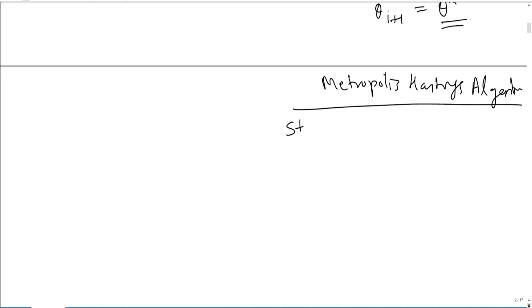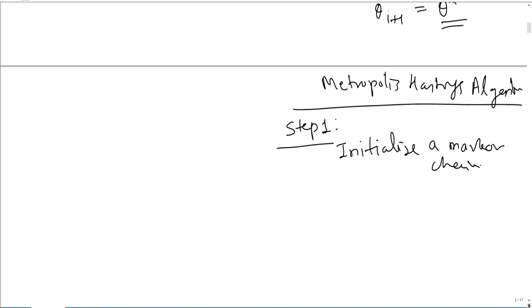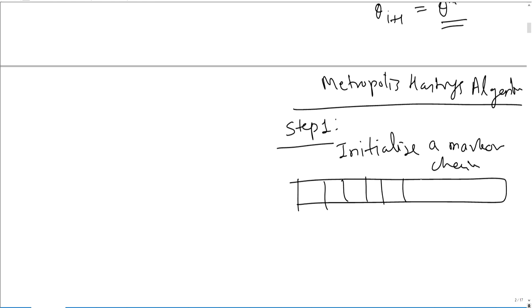So step 1. In this algorithm, step 1 that you need to do is to initialize a Markov chain. So you will begin with an empty Markov chain, and you initialize this Markov chain with a value of the parameter.